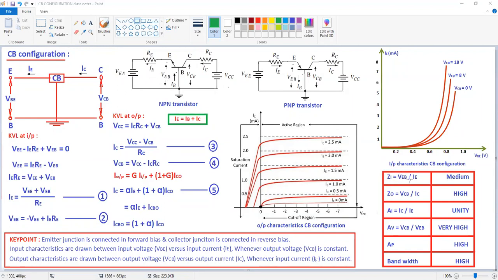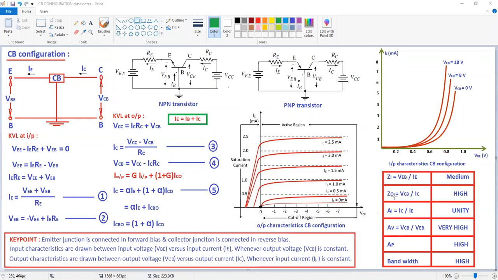Here the input impedance is medium. Why? Because VEB is somewhat less voltage and IE is in terms of milliamps. So that's why the input impedance is medium.